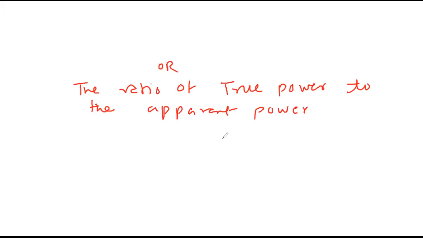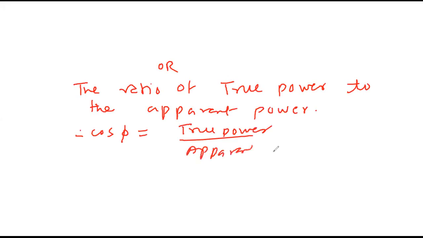So ratio of true power to apparent power. Therefore cos phi can be written as true power upon apparent power. That is actually E RMS, I RMS cos phi upon E RMS, I RMS. When you cancel, what is left out will be cos phi.